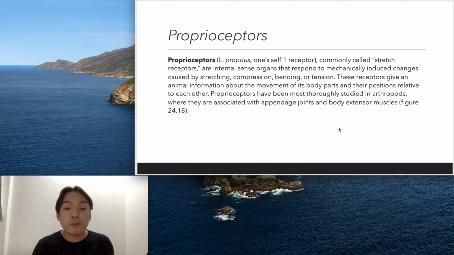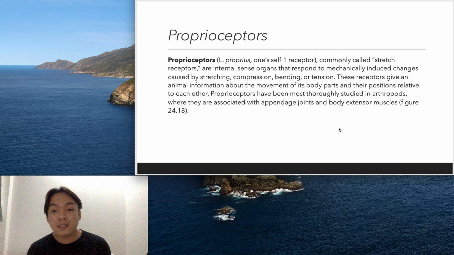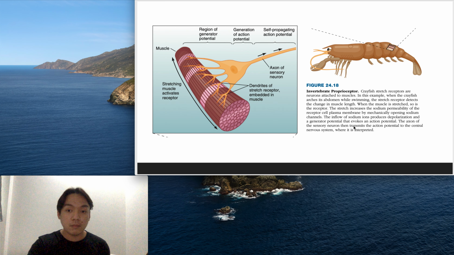We also have proprioceptors, which are stretch receptors, and they respond to mechanically induced changes by stretching, compression, bending, and tension. They give the animal information about the movement of its body parts and their positions relative to each other. We have examined them in arthropods, where they are associated with appendage joints and body extensor muscles.